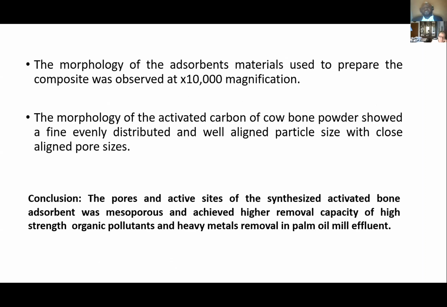This first experiment was carried out using palm oil mill effluent, which is a known effluent in Malaysia as a very high strength industrial wastewater due to the concentration of the physicochemical parameters.